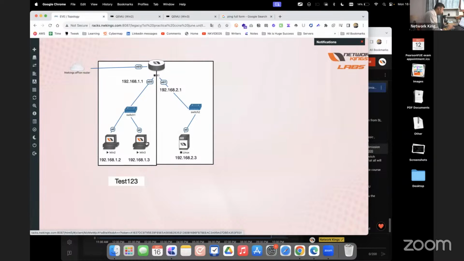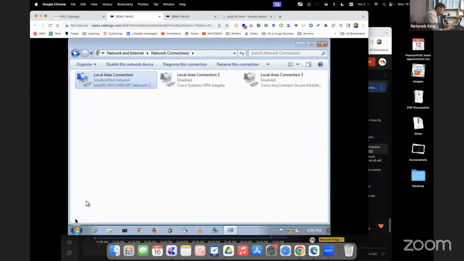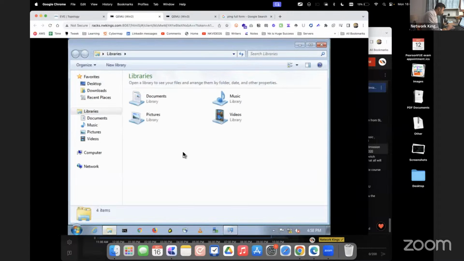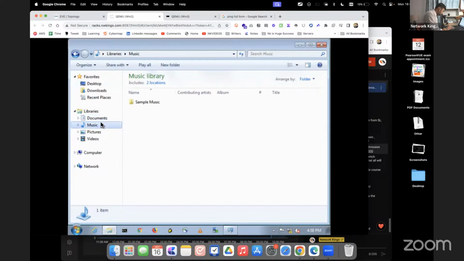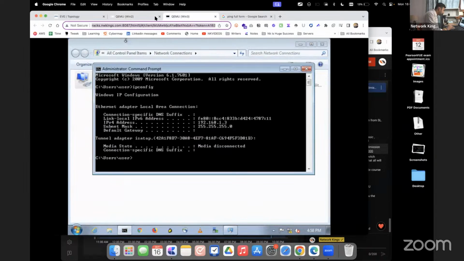So how about if I share a file that's not related to networking, my CCNA, but still I can show you. Suppose you have a folder, let's say simple pictures. We want to share this folder with the second computer.